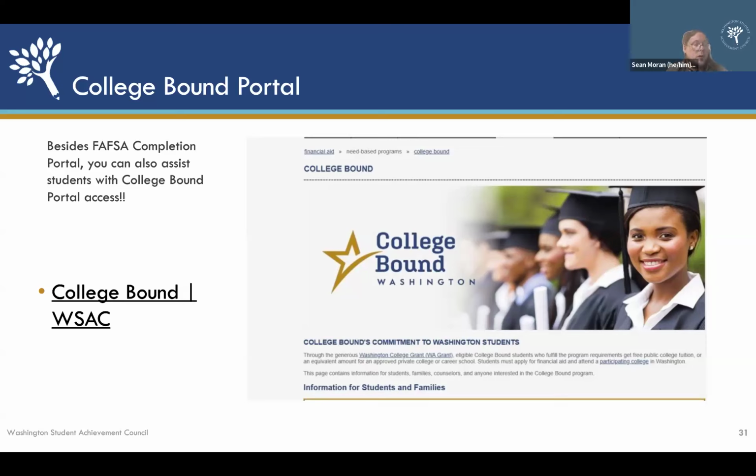The College Bound portal basically allows you to look at students who are in the College Bound program, but also add additional details such as student or guardian email, phone number, and address. This is crucial because the address is used to send them notifications that they have been enrolled into College Bound.